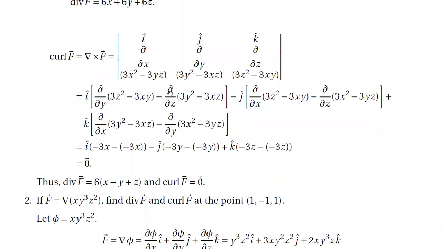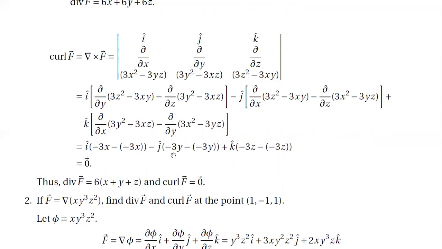If you differentiate the terms, what we get is i into, differentiating the first term, minus 3x, minus, differentiating the term with respect to z only, you get minus 3x again. So minus of minus 3x will be plus 3x. So 3x and 3x cancel here, and you get 0i.